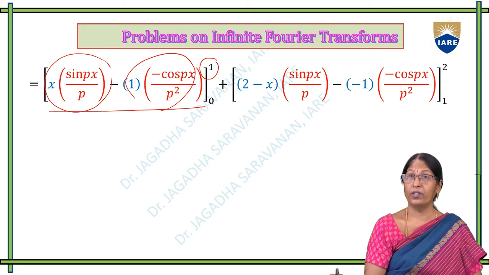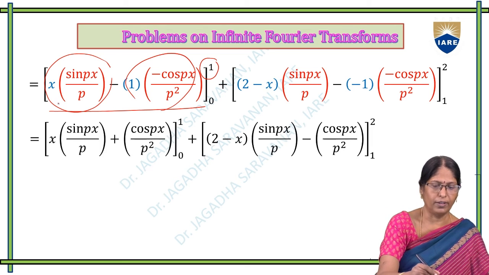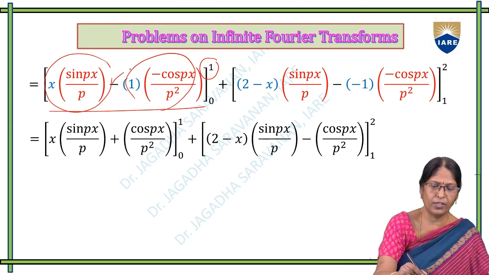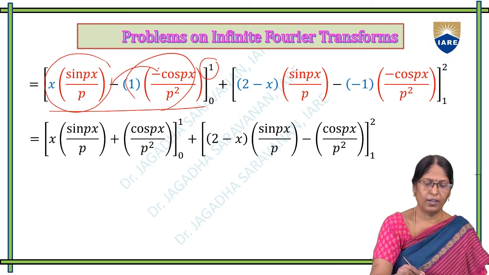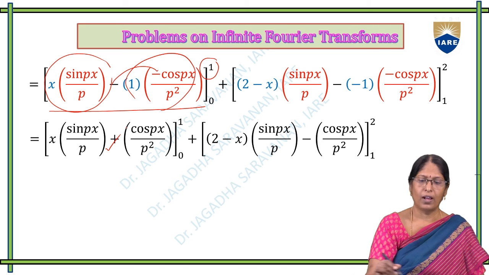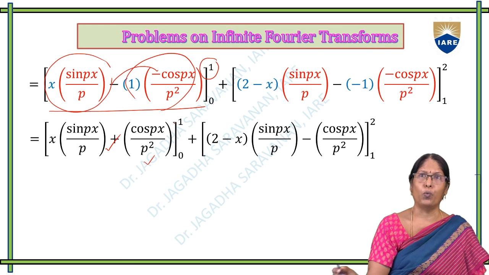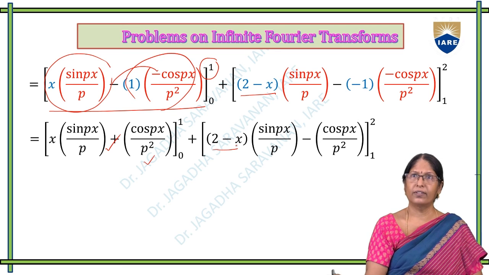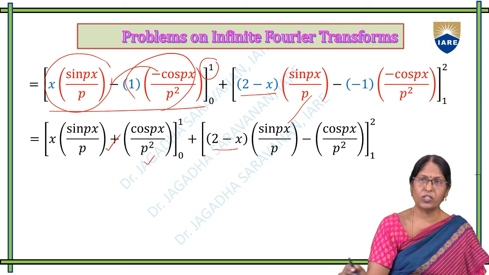Completely we can avoid careless mistakes. So that's what here: x sin px by p minus into minus, it is plus cos px by p square, 0 to 1. Next 2 minus x sin px by p.